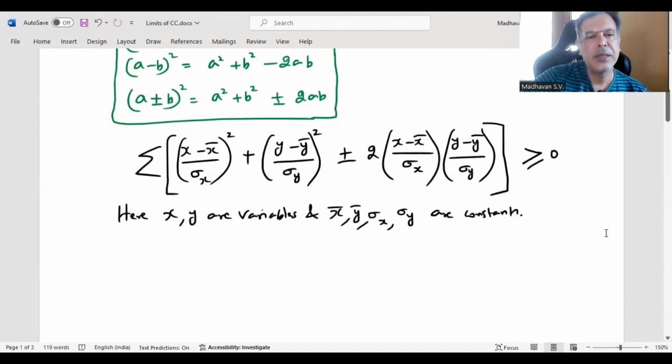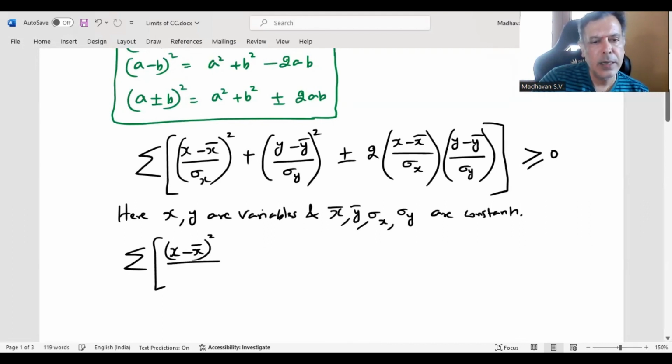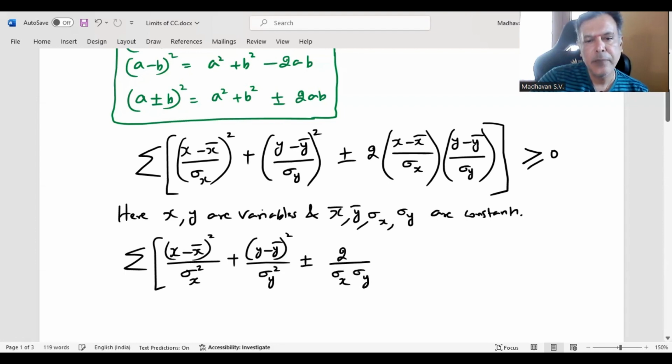So when I take the summation inside, first let me rewrite this again. We will take the square in the numerator and denominator separately. So this is x minus x bar, the square, divided by sigma x square, plus y minus y bar, the square, divided by sigma y square, plus or minus 2 divided by sigma x sigma y times x minus x bar, y minus y bar.